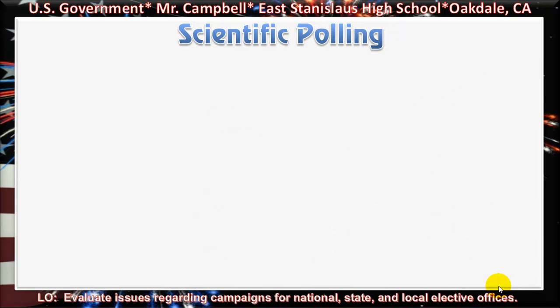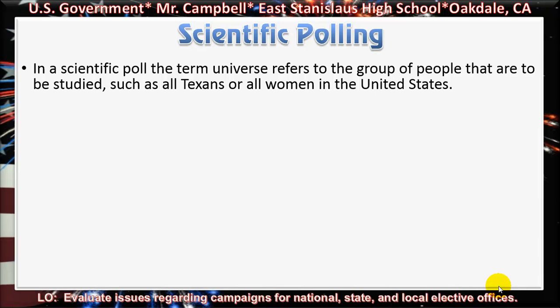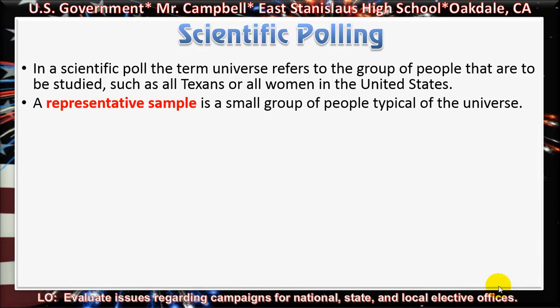Scientific polling. In a scientific poll, the term universe refers to the group of people that are to be studied, such as all Texans or all women in the United States. A representative sample is a small group of people that is typical of the universe.